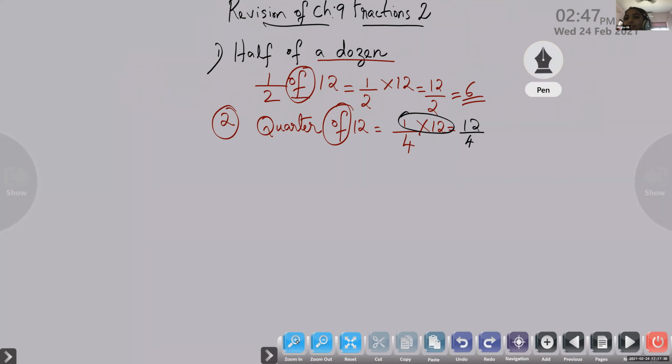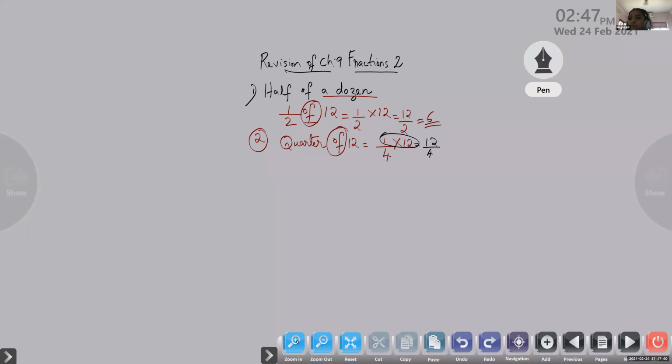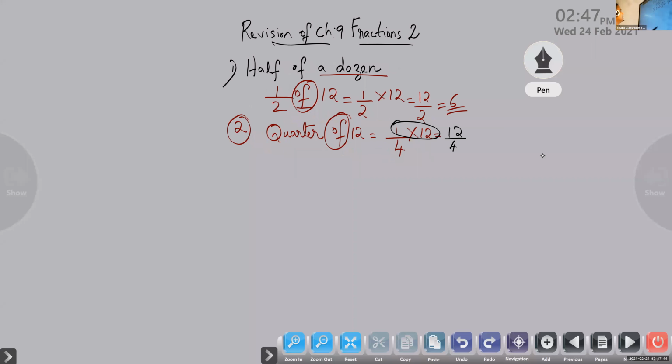Quarter of 12 is 3, since 3 fours are 12. So children, half of a dozen means half multiplied with 12, so the answer is 6. Quarter means 1/4 of 12, so 12 divided by 4, and the answer is 3.